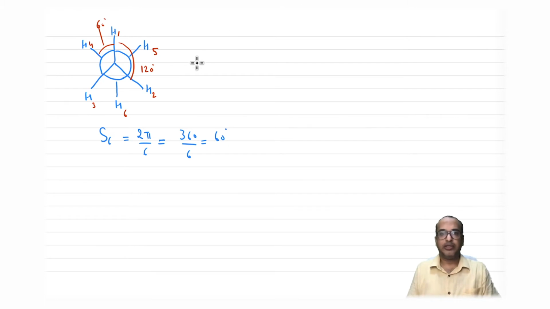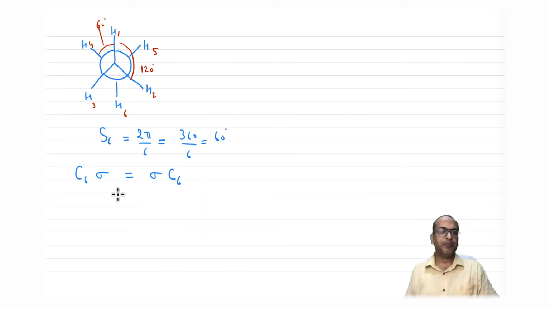All right. So S6 should be materialized by doing either C6 first or sigma first, or vice versa, because both these operators commute with each other. We know the meaning of commutation, right? We have seen this in the first class. So these two operators commute.